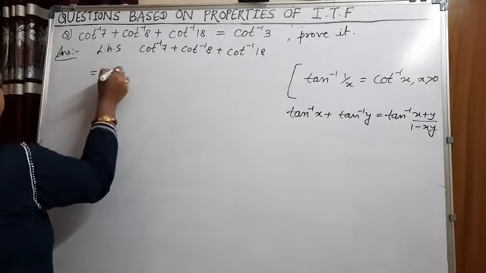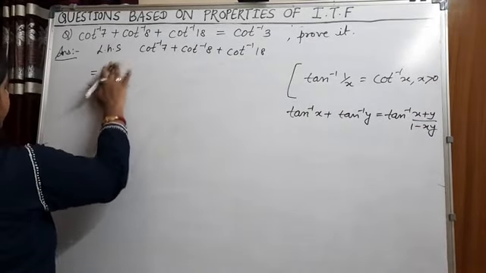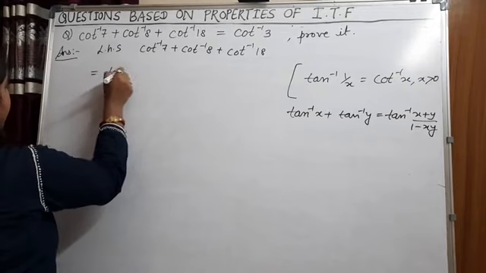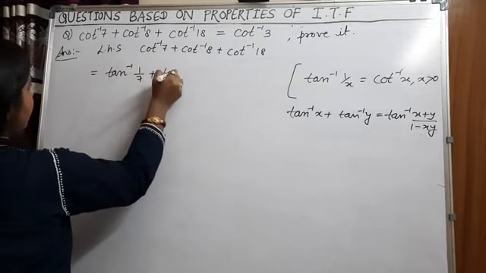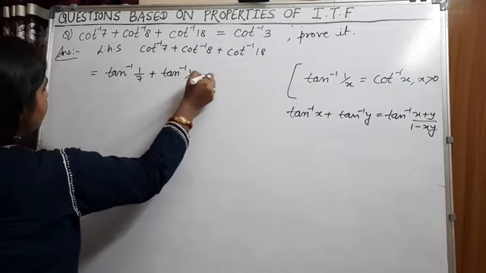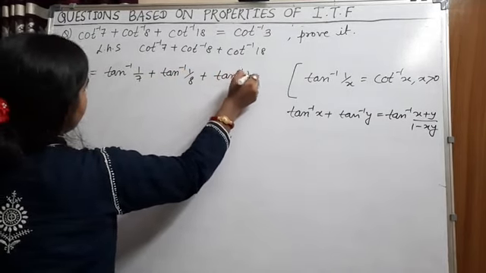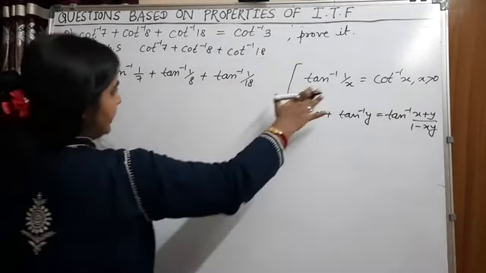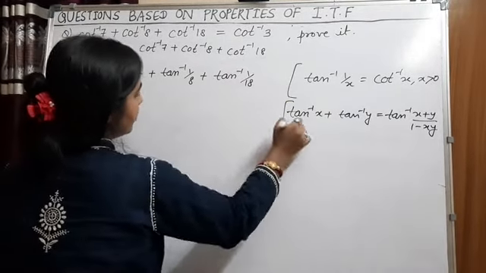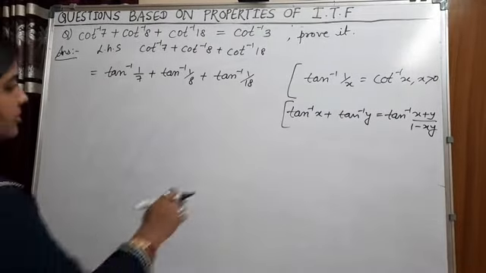So this is tan inverse 1 by 7 plus tan inverse 1 by 8 plus tan inverse 1 by 18. Whenever we use any property, we have to write it here so that we can use it. After that we will use the next property.